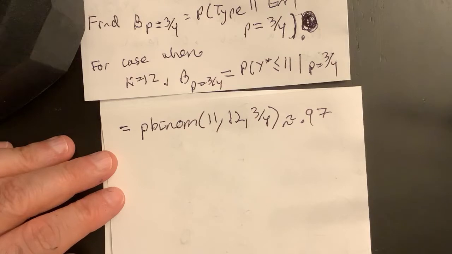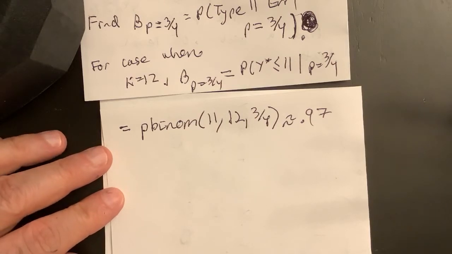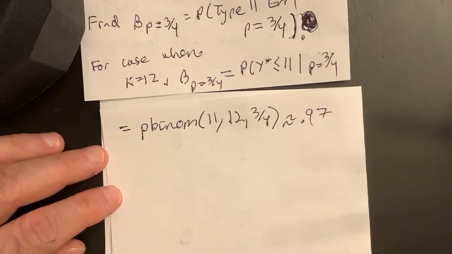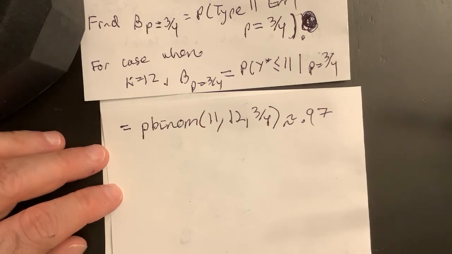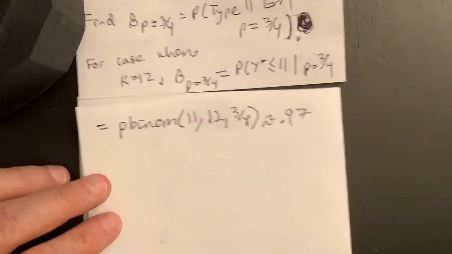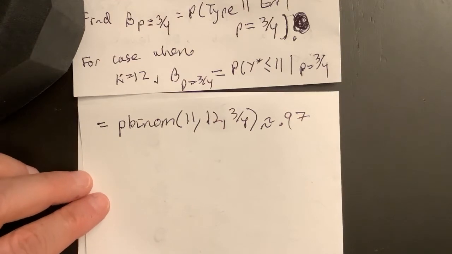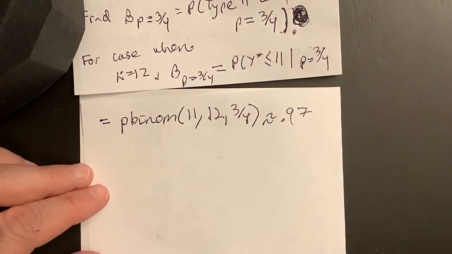Given that it's 3/4, if k is 12, this means the probability that y star is 0 through 11. So it's everything except the probability that y star is 12. So it's actually 0.97. I guess there is a 0.03 chance that they're all going to be yes at 3/4. Maybe that makes sense. 3/4 is pretty big.